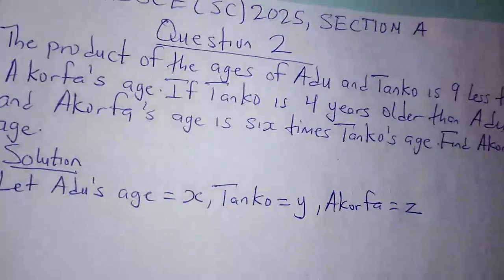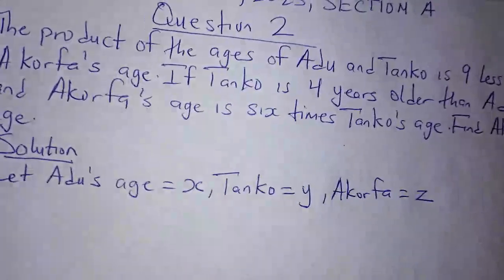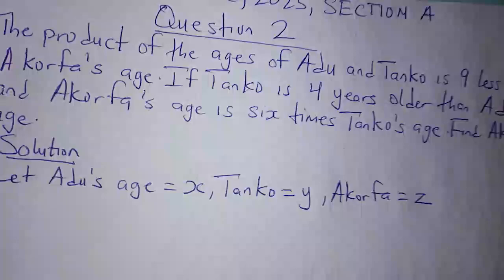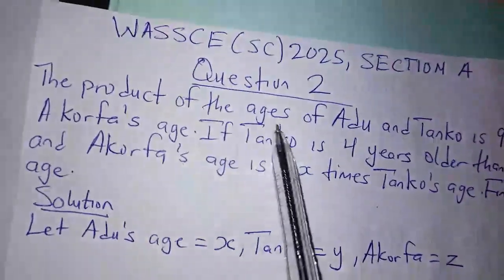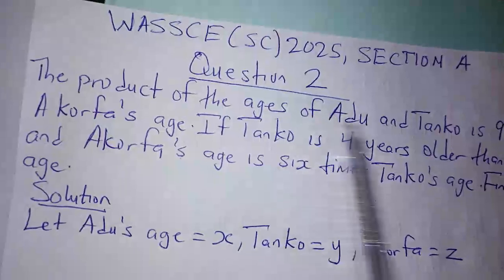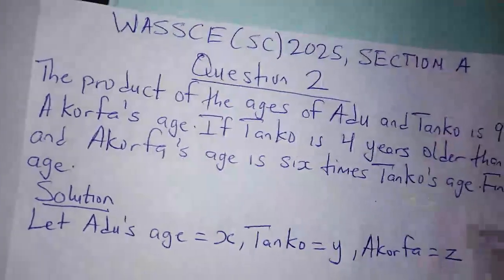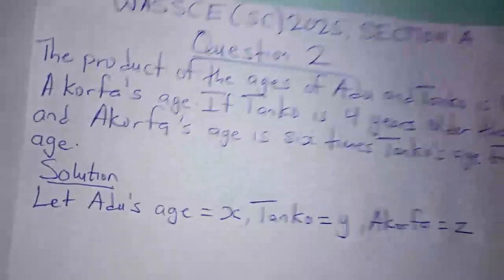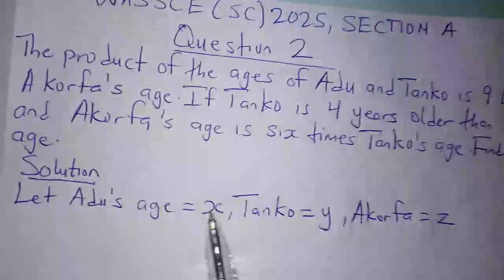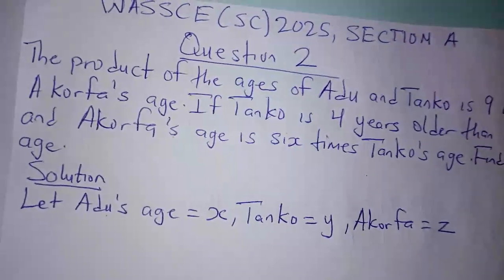Now, the good thing about using letters to represent the unknowns is that instead of reading the question with all these grammars, whenever you want to mention Adu's age, you can just mention X. So that will simplify the expression.